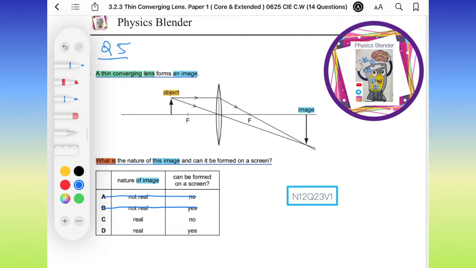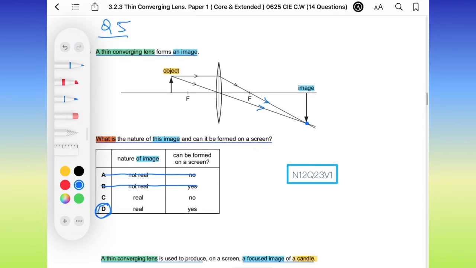In our diagram here, the rays are real rays, not extensions of rays. So when these real rays intersect, the image is formed. So it's a real image, not virtual. And you know that this real image can be received on a screen, like in case of a projector. So the answer for this one is D.